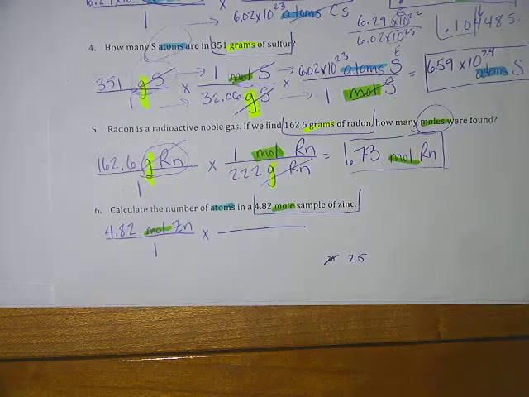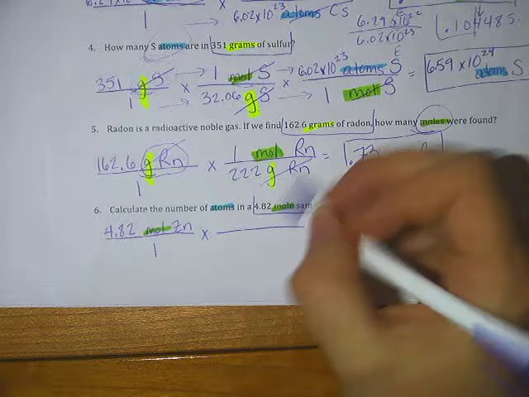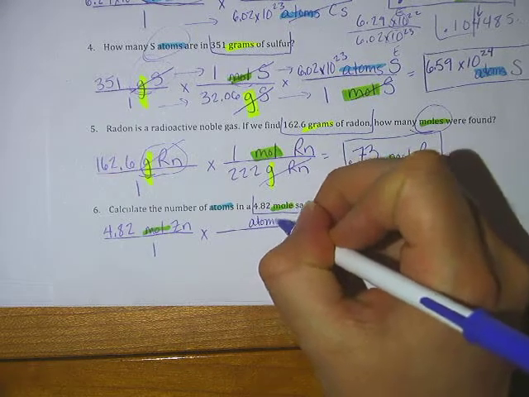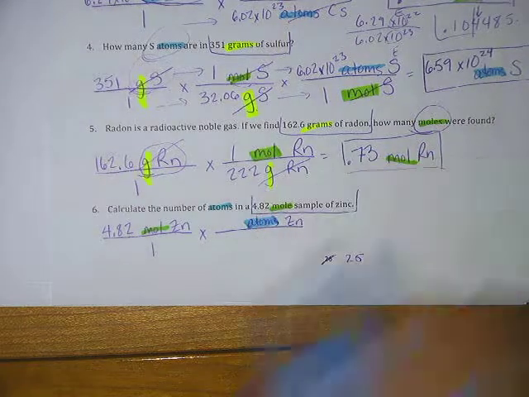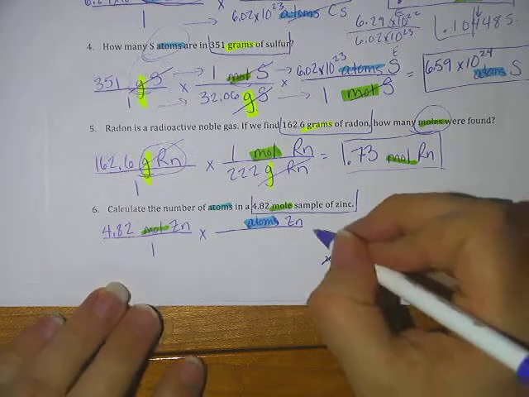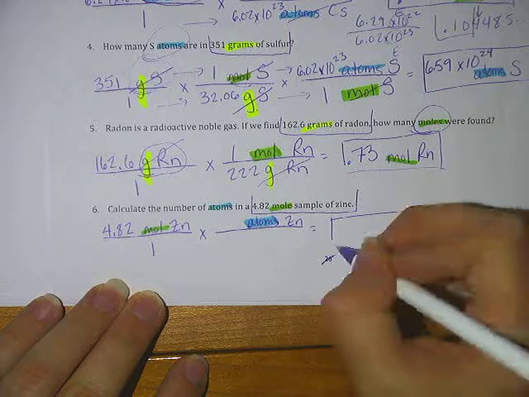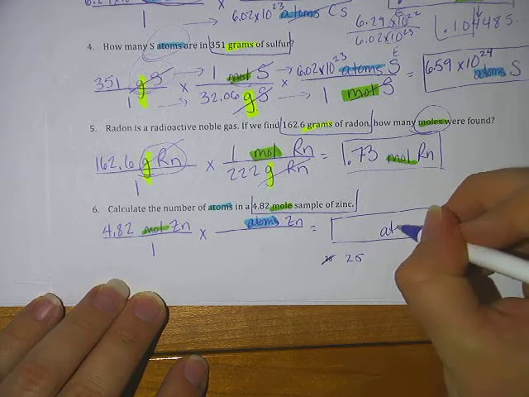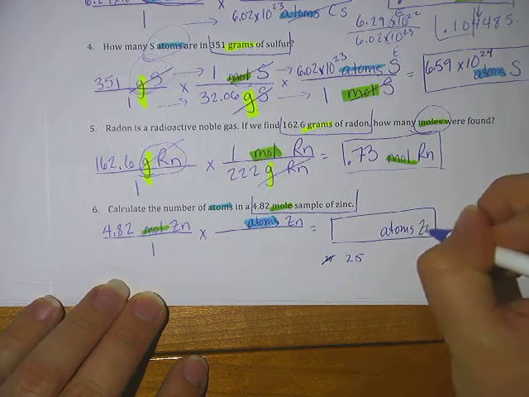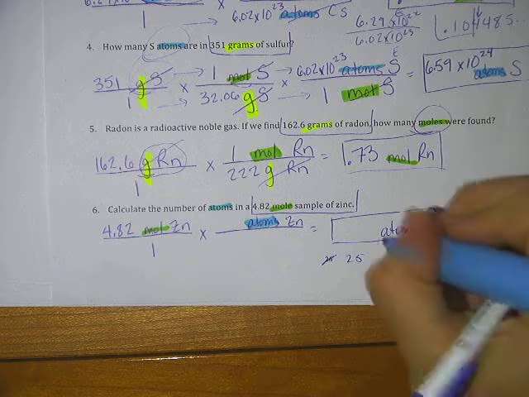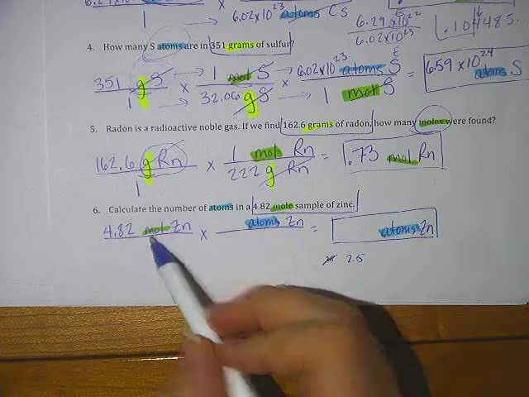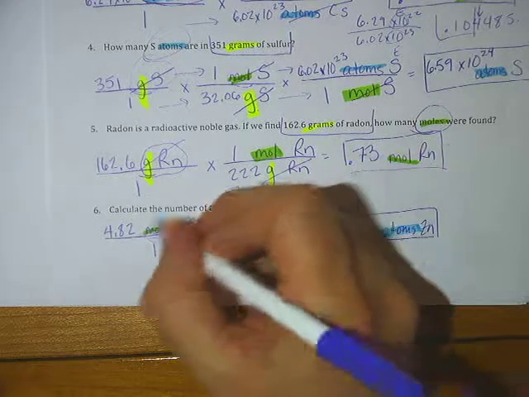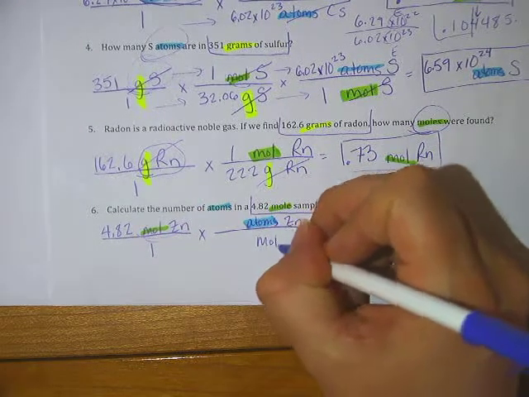Whatever they're asking me for, number of atoms, that should go on top of my last fraction. And this is still going to be zinc. By now we've probably figured out that whatever's on top of my last fraction, that's what I label my answer. So atoms of zinc, that's what I label my answer. That means the second time I use moles is going to be down here, because what goes up must come down.